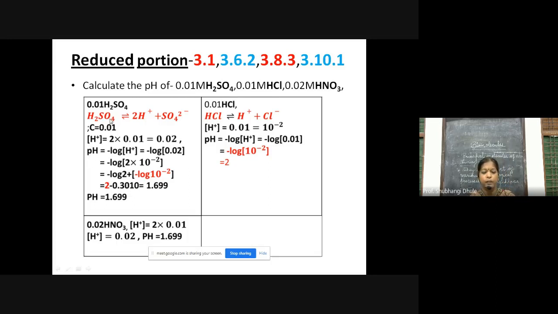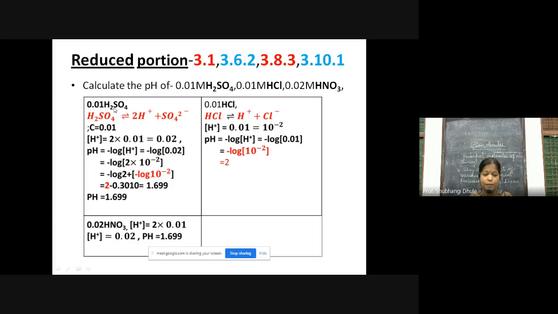If any acid, either strong or weak, is given, we are explaining this for strong acids. If a weak acid is given, it's very easy: H plus ion concentration is alpha into C, as we have already discussed. For a strong acid, first find the H plus ion concentration depending upon the dissociation.